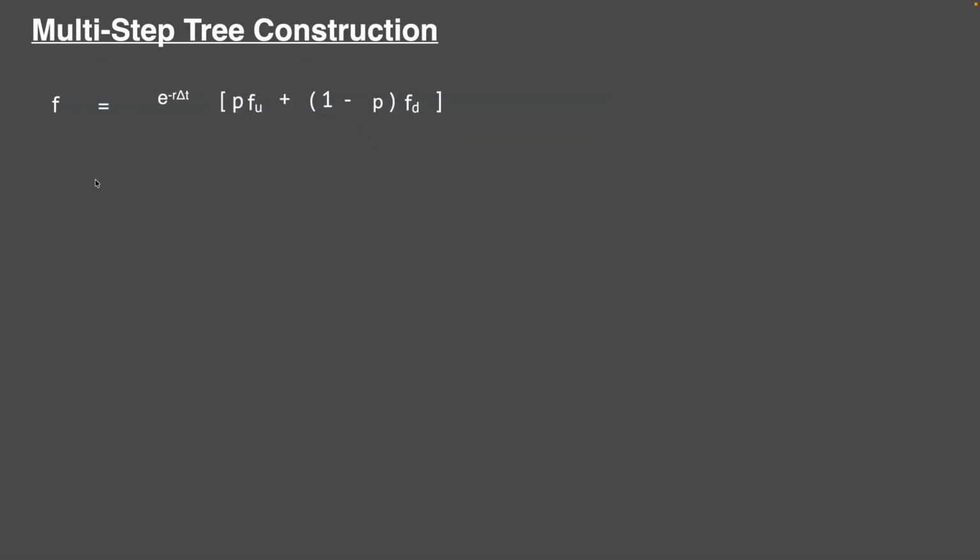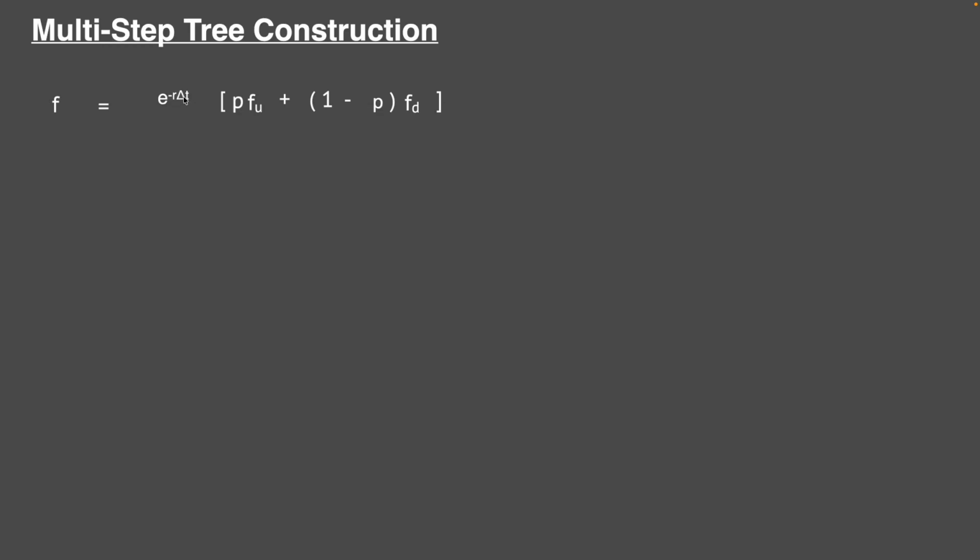Now, the value of the option at the start of the contract, F, is given by the formula e to the power of minus small r into delta T. We are not considering capital T here because we are taking small time steps.